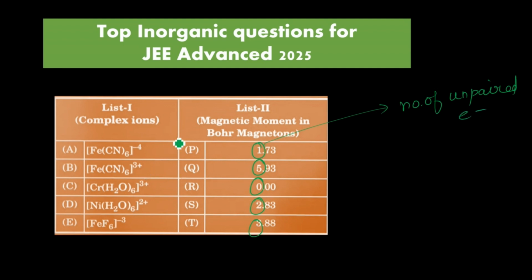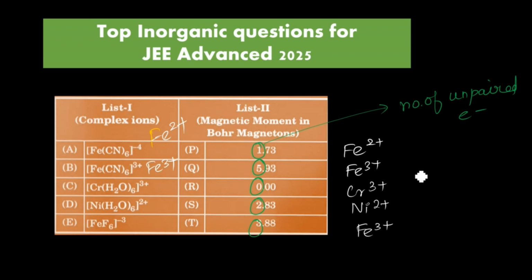Okay. So let's see. The first one, Fe(CN)6 4 minus, where Fe is in +2 oxidation state, isn't it? And here Fe is in 3 plus oxidation state, and here I'm writing 2 plus, 3 plus, chromium which is in 3 plus, nickel that is 2 plus, and iron that is again 3 plus oxidation state.